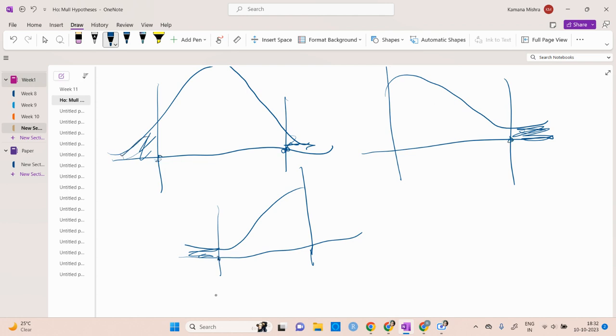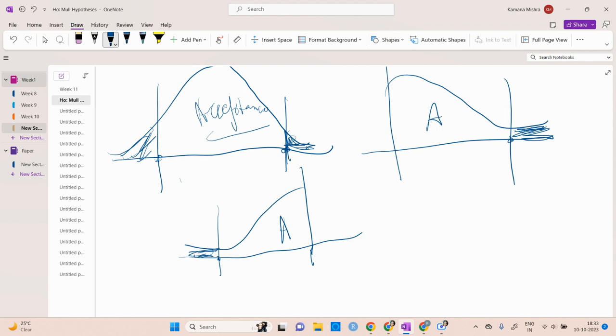After that, we say that this region is called the critical region, and this one is the acceptance region, right?